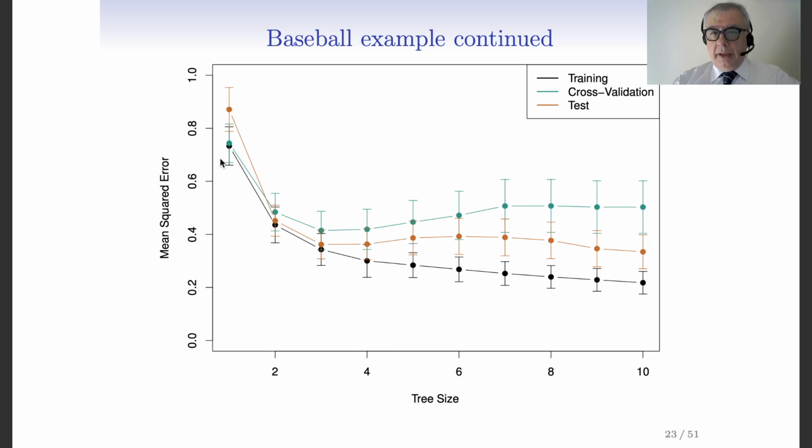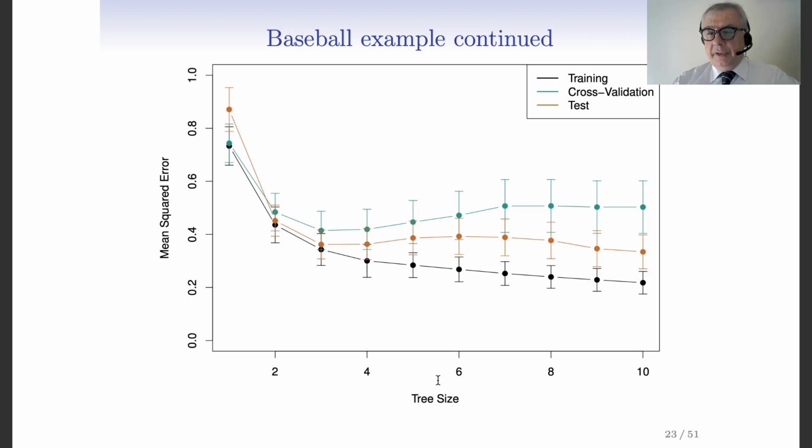You can see, as expected, that the training error is going to decrease when I increase the complexity of my tree. So with more degrees of freedom, I can follow the training data better, and therefore the mean squared error is going down.